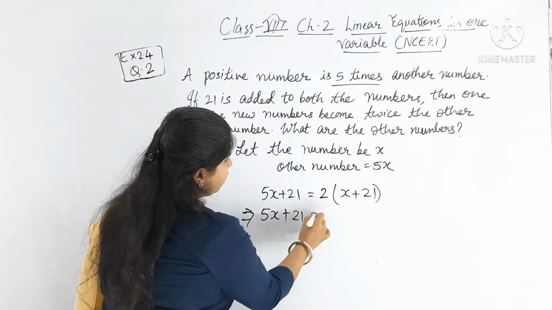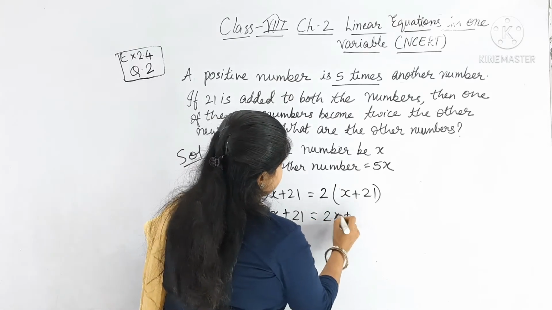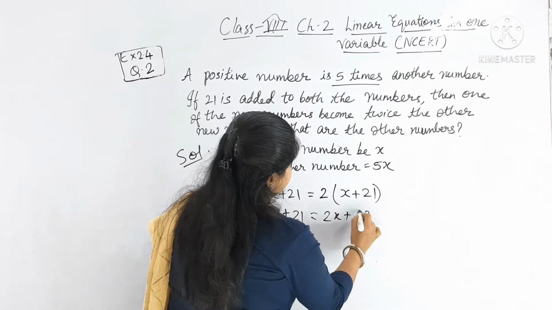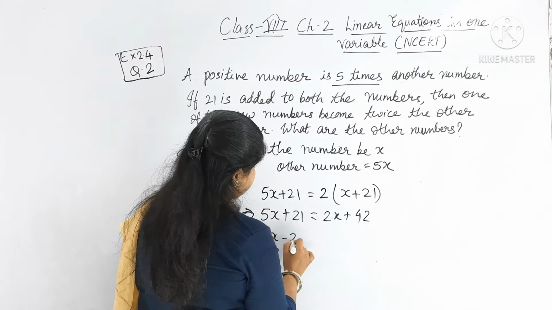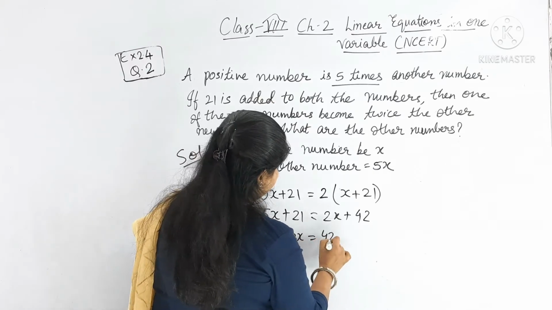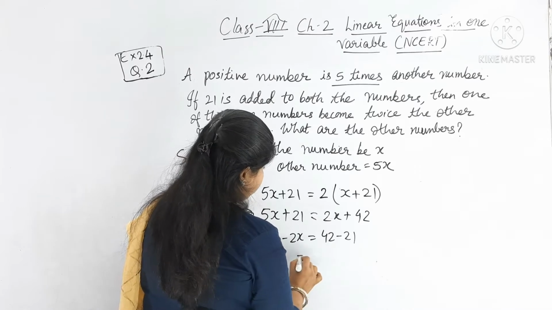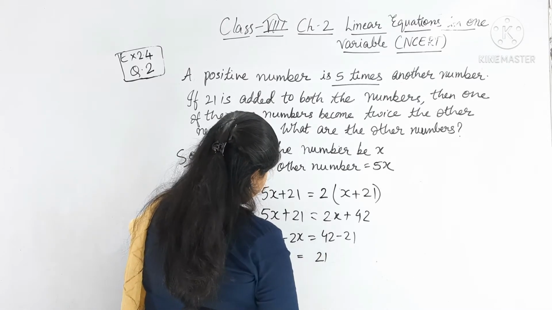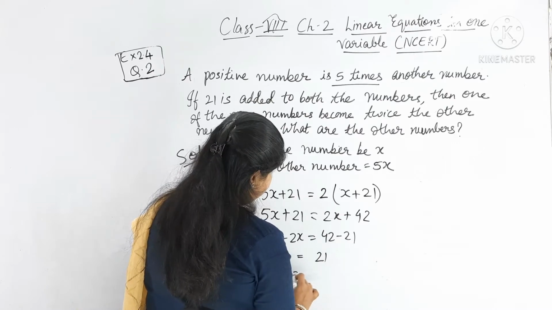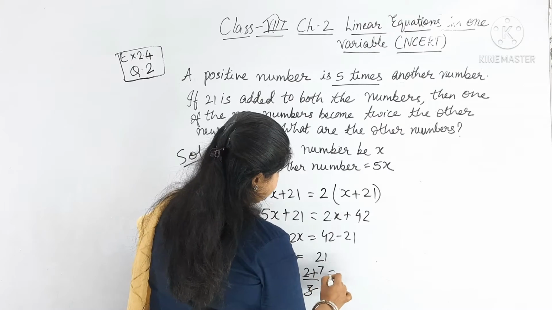Now you can easily solve this one. 2x plus 21 into 2 is 42. 5x minus 2x equal to 42 minus 21. That is 3x equal to 21. So I am getting x equal to 21 divided by 3. 3 ones are 3, 3 sevens are 21.